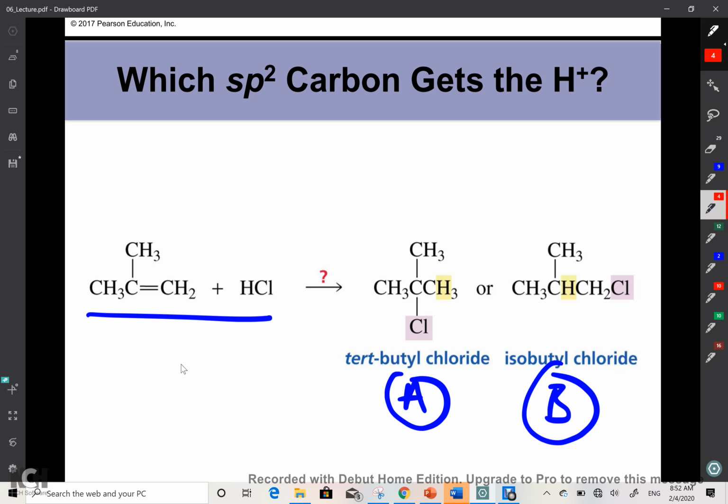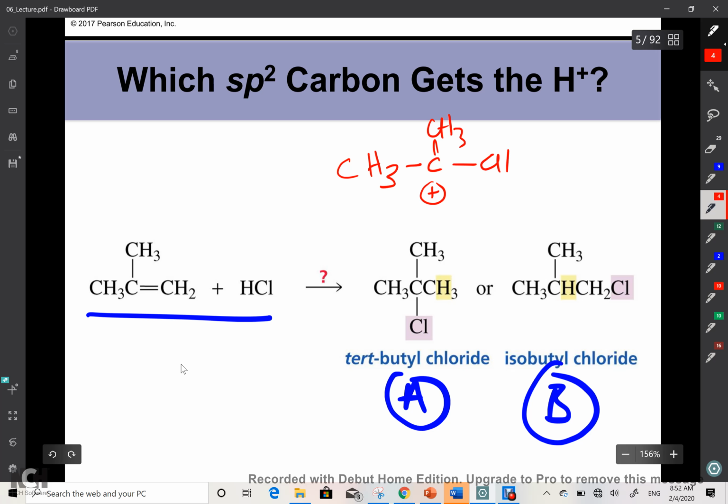Look at the intermediates. Okay, let me do the mechanism that will lead to product A. If you do the mechanism that will lead to product A, this is what you will have as an intermediate. Does that make sense?